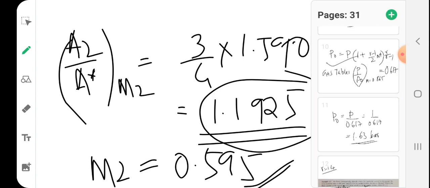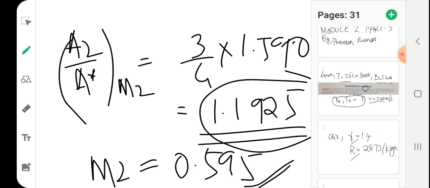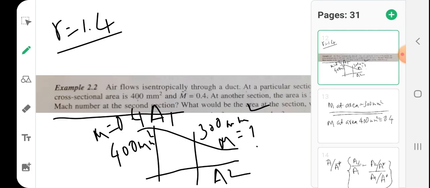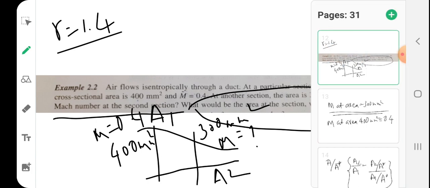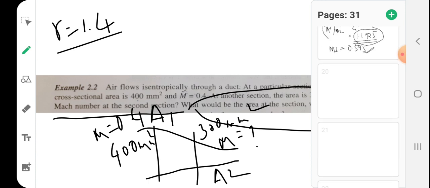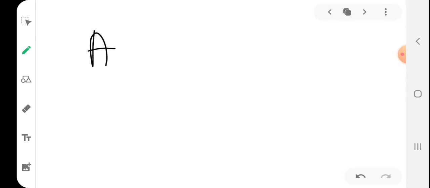Now one more question is there. The last question is, what would be the area at the section where Mach equal to 1? The area at the section where Mach equal to 1 is the value of A star, that is the critical section or throat section. So we have to find the value of A star.